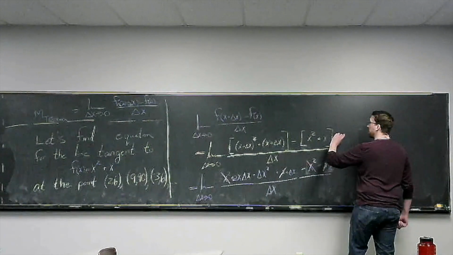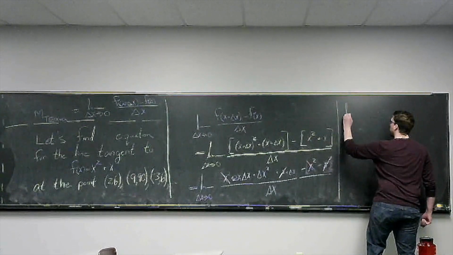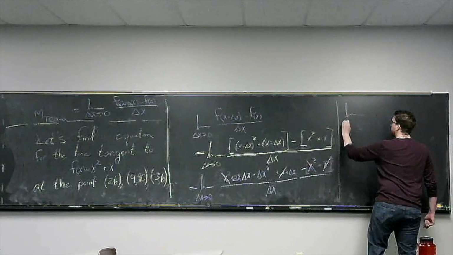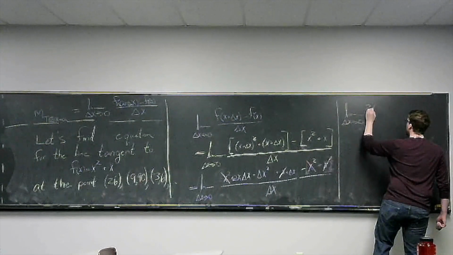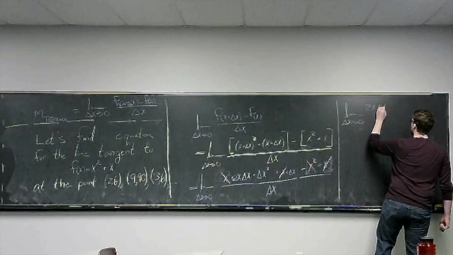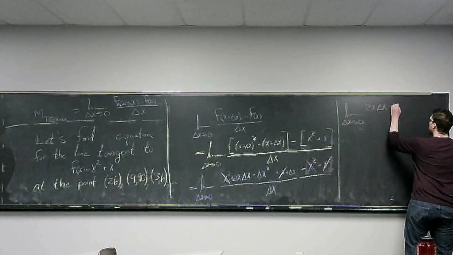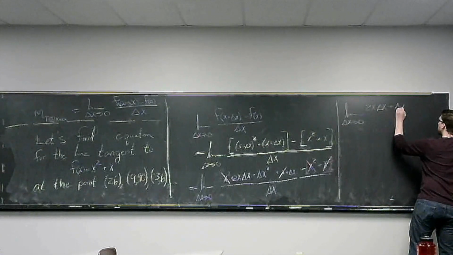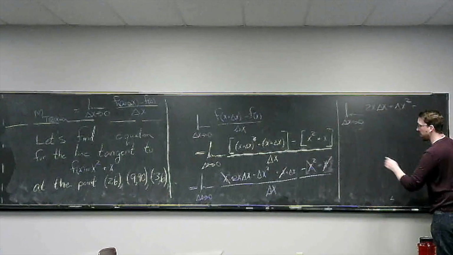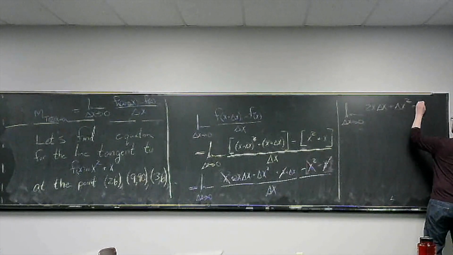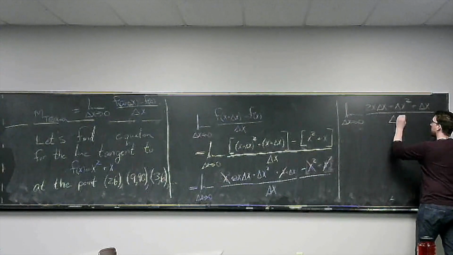So what we're left with then is the limit as delta x goes to 0 of 2x delta x plus x squared plus another delta x, all divided by delta x.